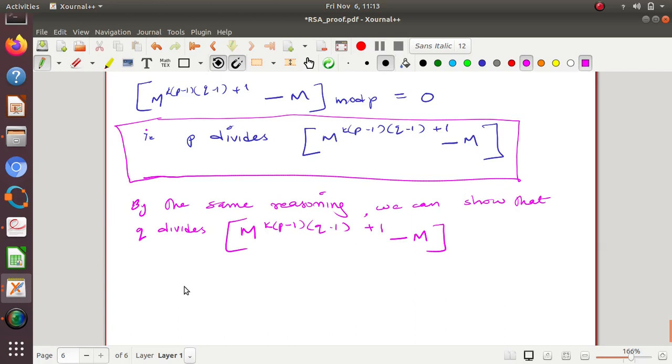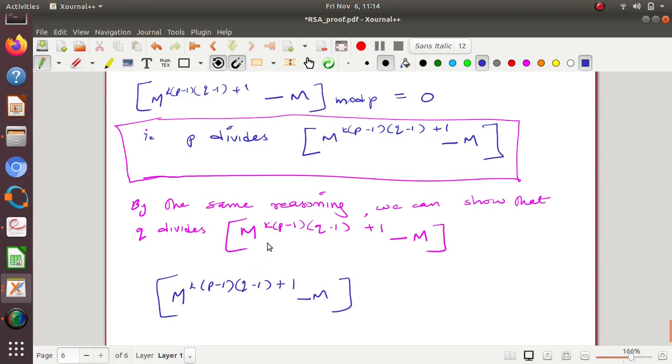So this quantity, m to the power k into (p minus 1)(q minus 1) plus 1 minus m, is a product of p and q and some integer r, because p divides this one and q divides this one.